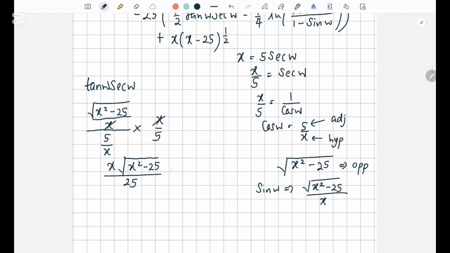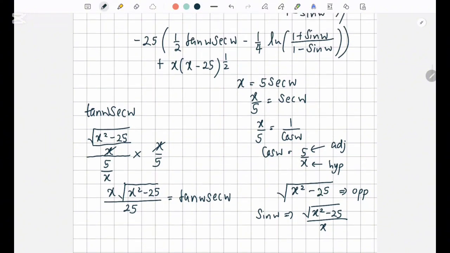Okay, so this is tan w sec w. I don't see any mistakes.